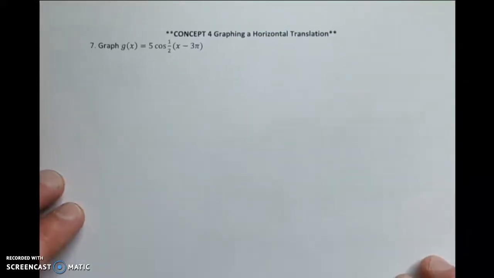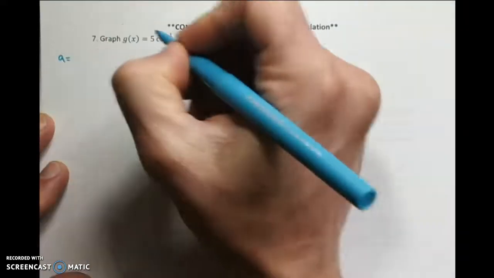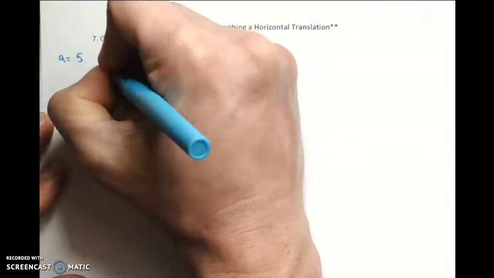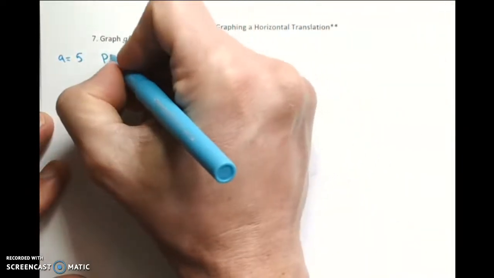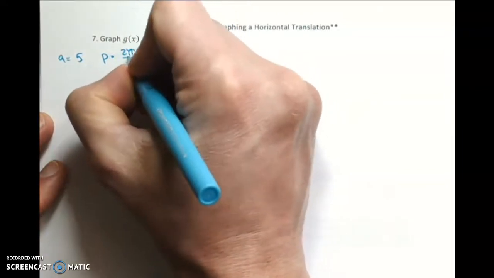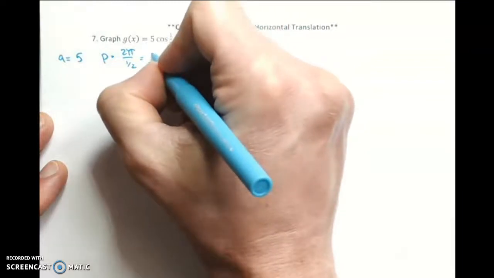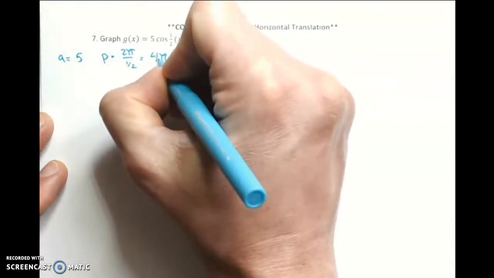Alright, this time we have a horizontal translation, and this one's going to be a little more challenging, but let's go ahead and start the exact same way. Okay, so A is 5, P is 2 pi over B, and my B is 1/2. So copy that, flip, that's going to give me 4 pi.